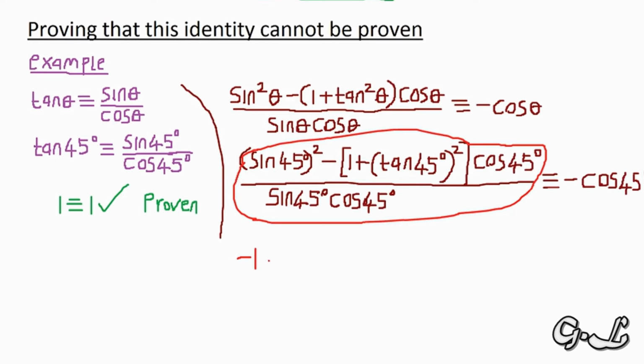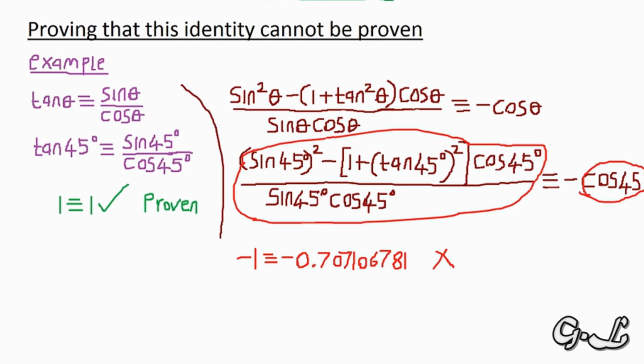On the left hand side, the value that you are going to get, when you use a calculator or whichever way, is negative 1. What about on the right hand side? On the right hand side, it will be negative 0.707106781.